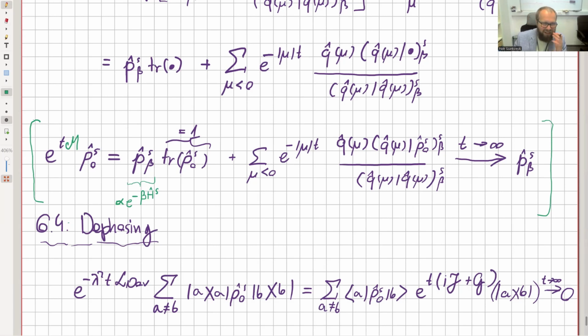Okay, it's not a full description yet, but it's almost there. So let me break it down just to remind you what we were doing last week. So we have here some arbitrary initial state of our system S, which is open to the bath again, and we are acting on it with this dynamical map M.